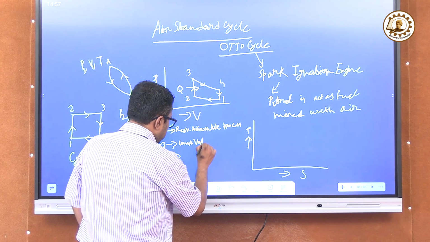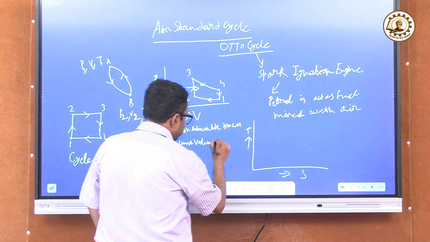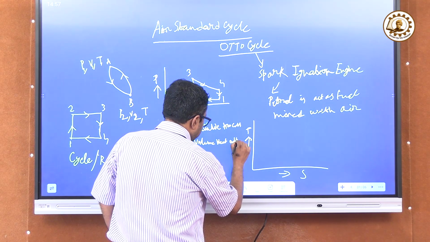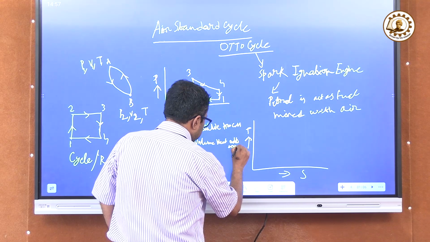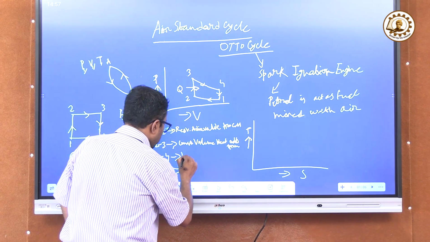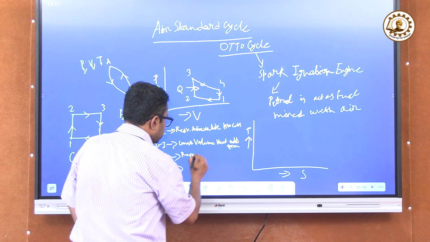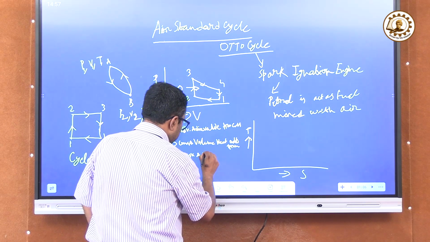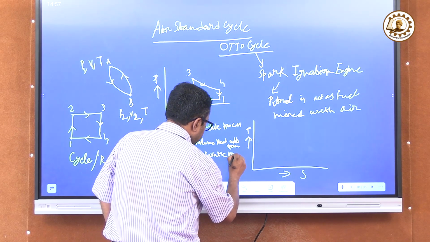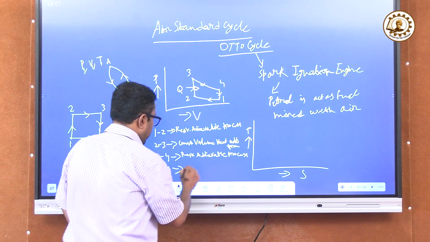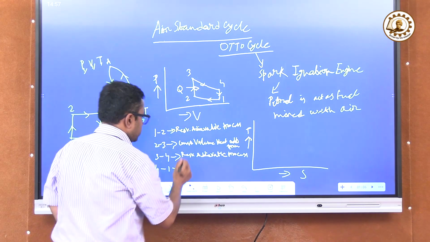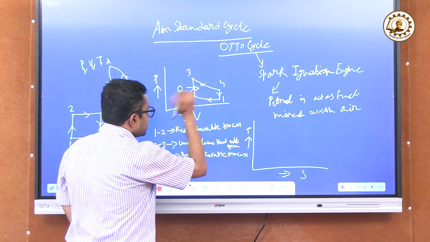Then constant volume heat addition, and it is also a reversible adiabatic process, and this is also constant volume heat rejection as the pressure is decreased.